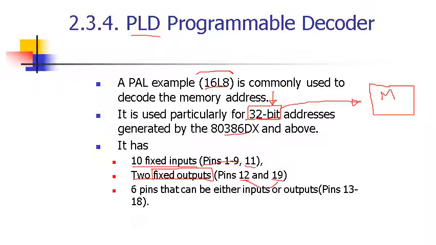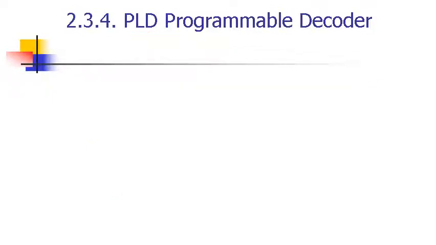In addition, we have 6 pins that are used as inputs or outputs at users' wishes. If you wish to use them as inputs, you can. As outputs, you can. These are pins 13 through 18. Good.